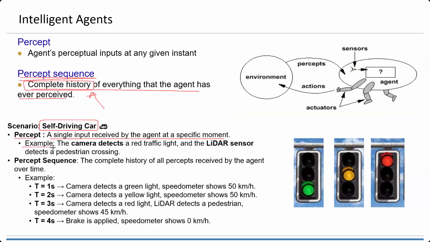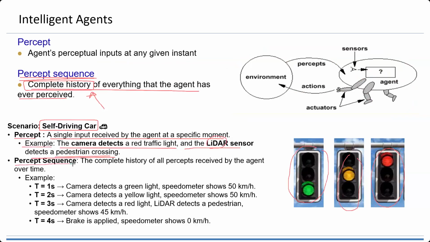The example is the camera detects a red traffic light, and the LiDAR sensors detect a pedestrian crossing. So the camera can see whether it is green or yellow or red. And the LiDAR sensors can detect whether there is someone across the road.